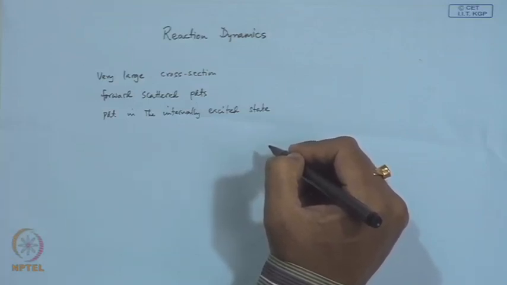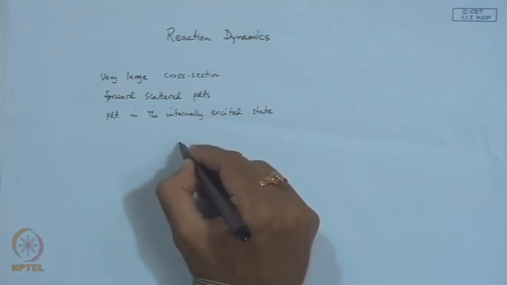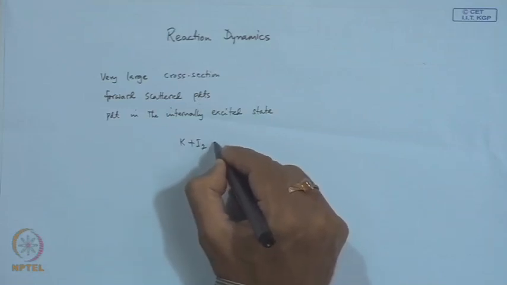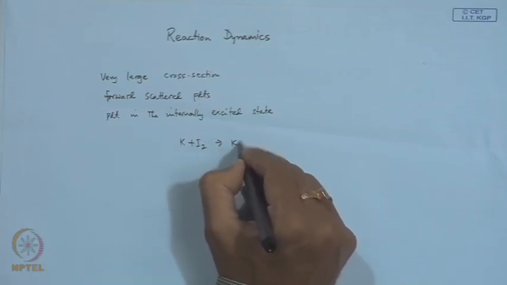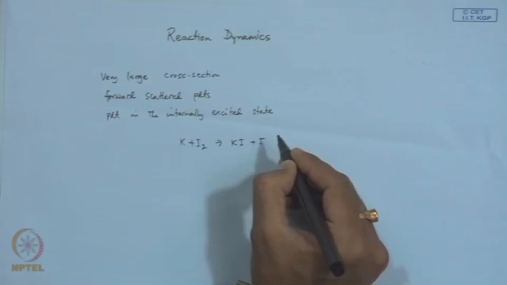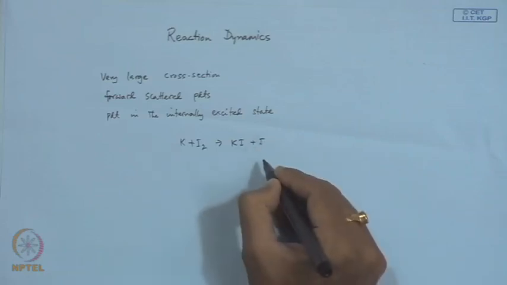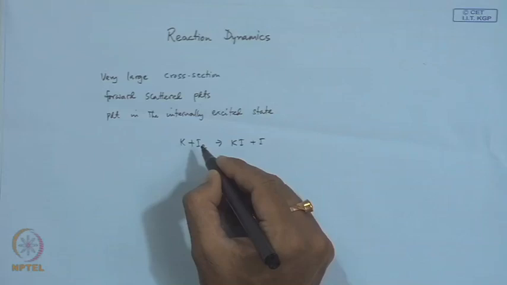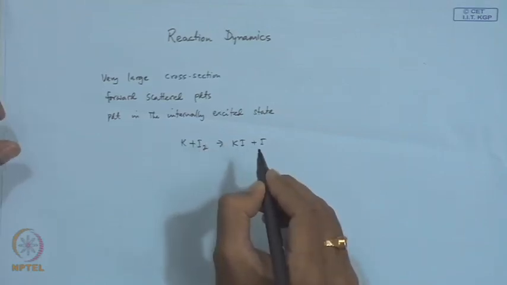I have given the example of K plus I2, or maybe K plus Br2, giving rise to KI plus I. So, it plucks iodine from this I2. And this is one thing I discussed.